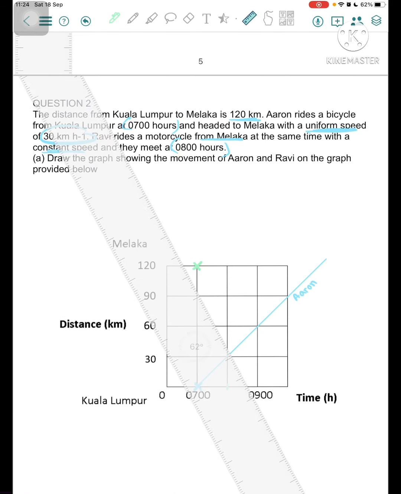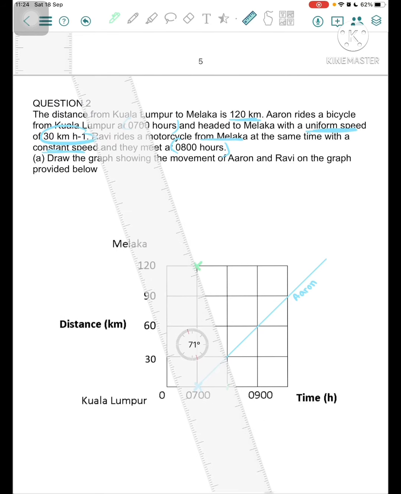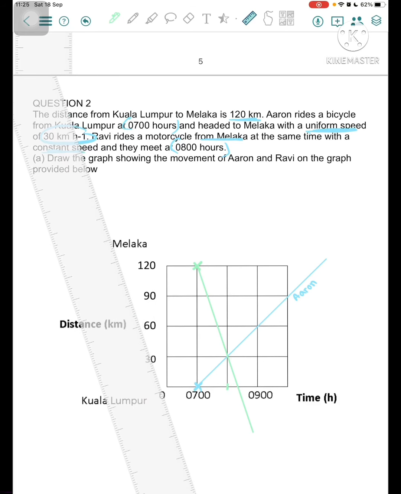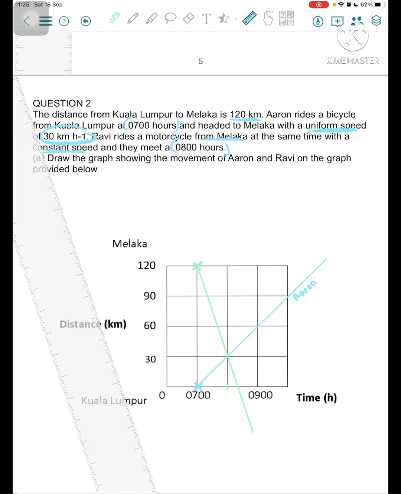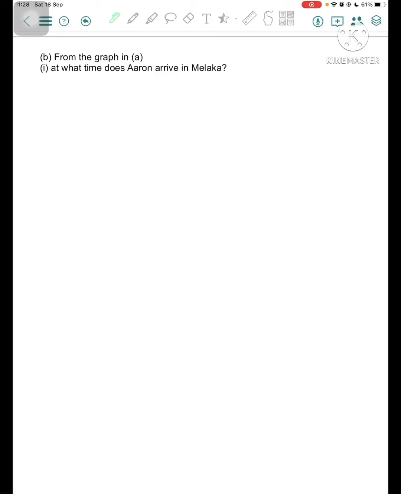So they should meet here. This is Ravi's road, Ravi's movement. Okay, and this is the answer for question 2A.